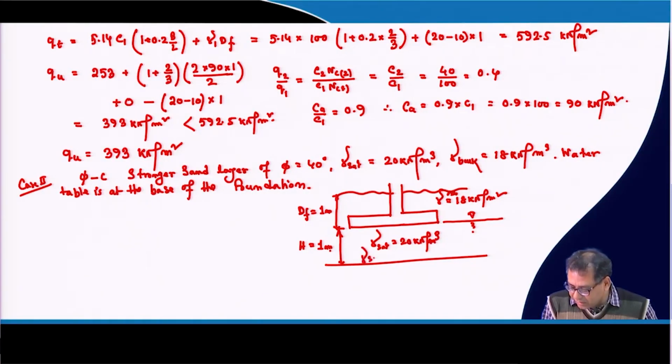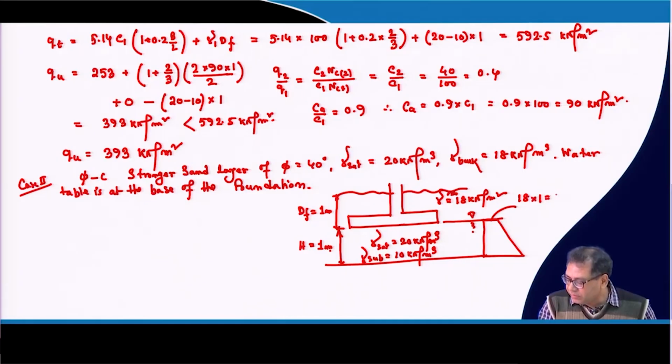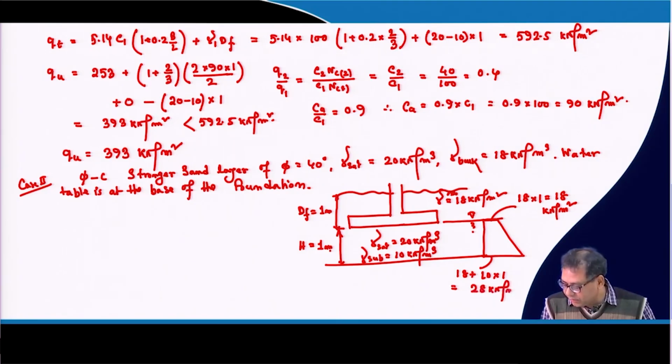So, gamma sub will be 10 kilonewton per meter cube, because unit weight of water is 10. So, this is the earth pressure distribution. For this portion it will be 18 into 1, this will be 18 kilonewton per meter square, and here it will be 18 kilonewton plus 10 into 1. So, this will be 28 kilonewton per meter square.